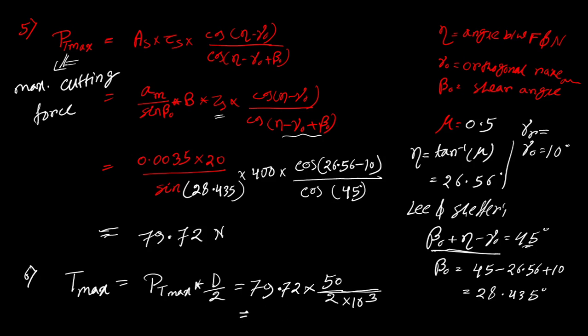So 79.72 into 25 divided by 1000, I'm getting around 1.993. You can take it approximately 2 Newton meter as the value of our torque. This is the answer for our sixth question.